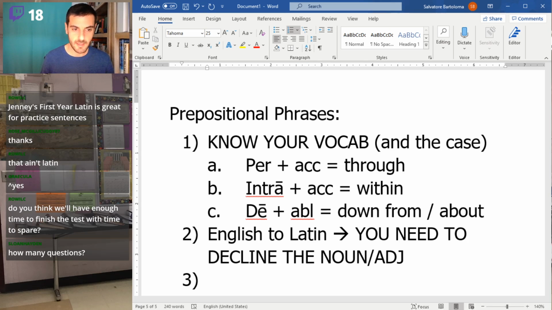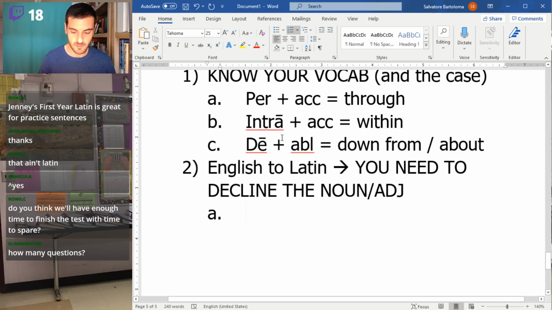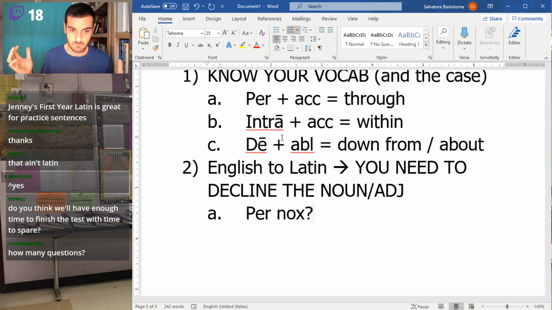What I mean by that is do not give me, like some of you did on the quizzes today, "per nox." Per nox means nothing. A Roman would understand what you're saying, but it would be like you're speaking another language. Per goes with the accusative, so per nox is nothing.